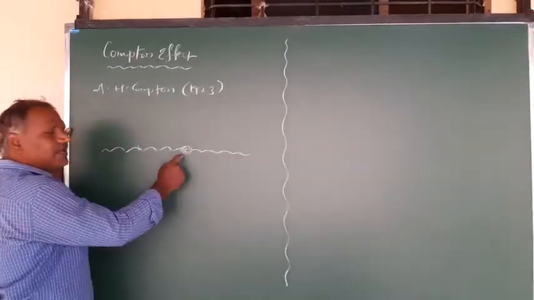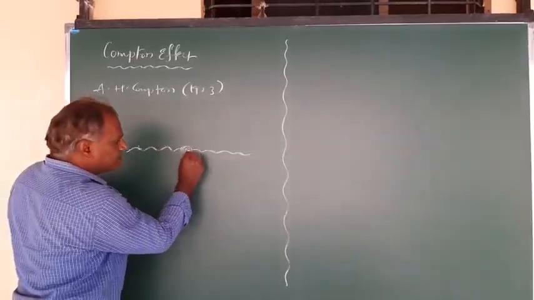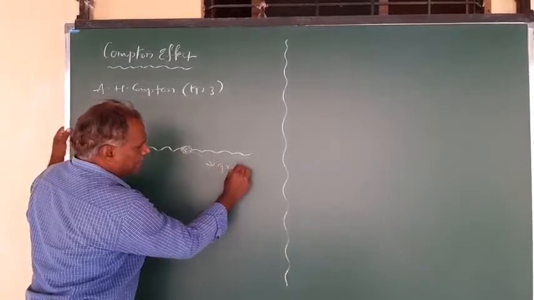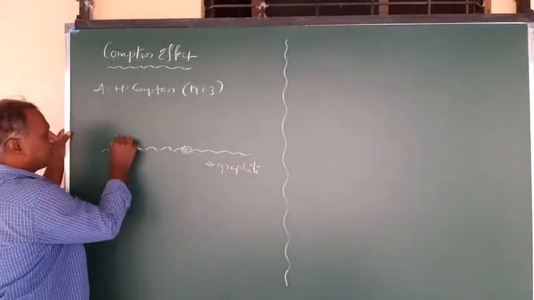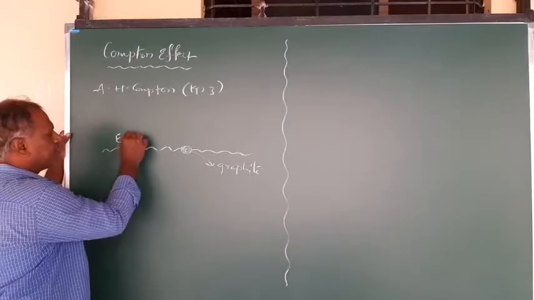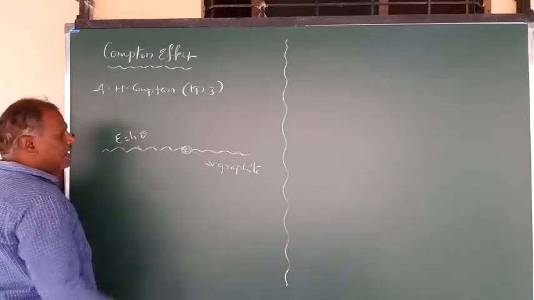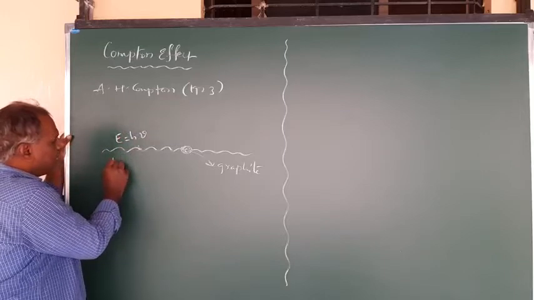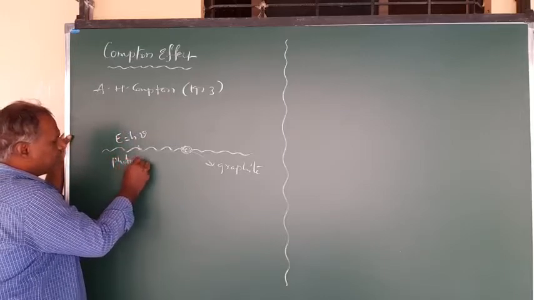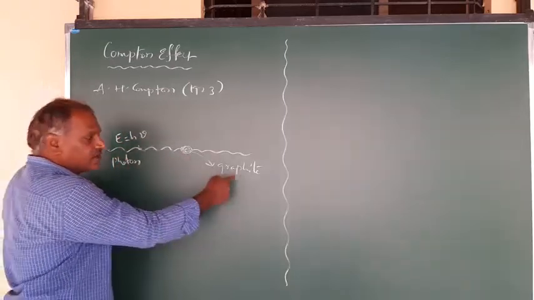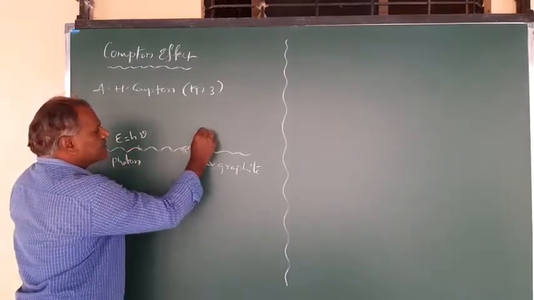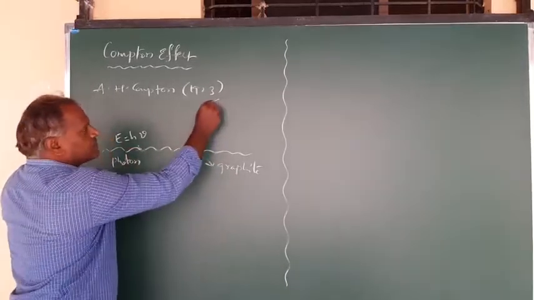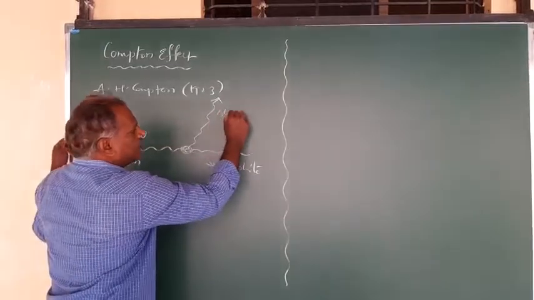The photon has energy E, given by h nu. Once these photons interact with the matter, that is graphite, they get deflected. They are scattered. So this is what you can observe, the scattered photon.